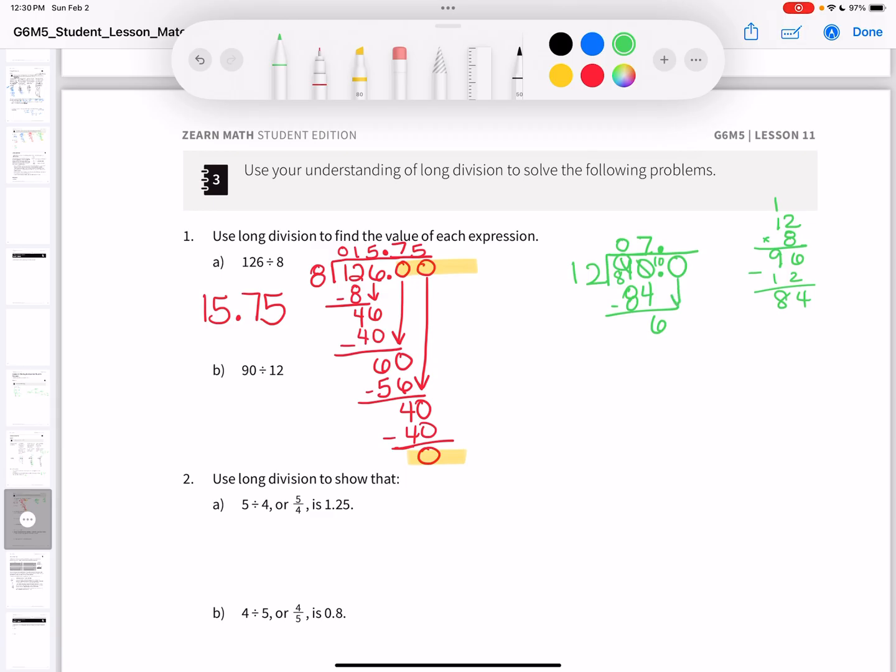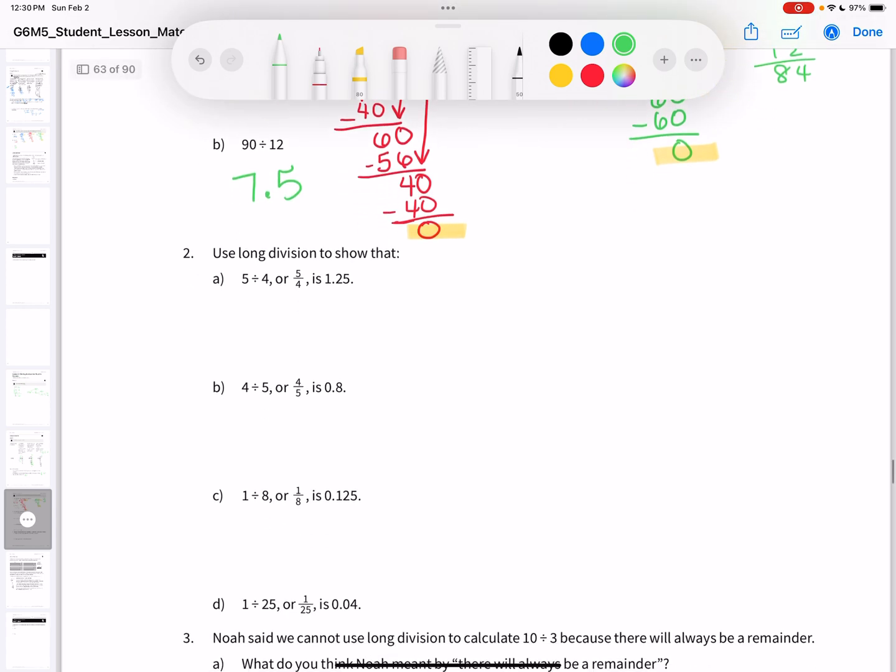Then I'm going to bring down the 0. 12 goes into 60 how many times? Well, 5 times. 12 times 5 is 60. Then I ask myself, are there any other non-zero numbers out to the side? Nope. And we've ended in 0? Yep. So we are finished. So 90 divided by 12 is 7 5/10.